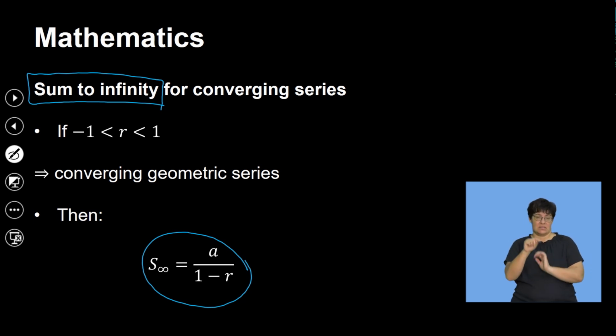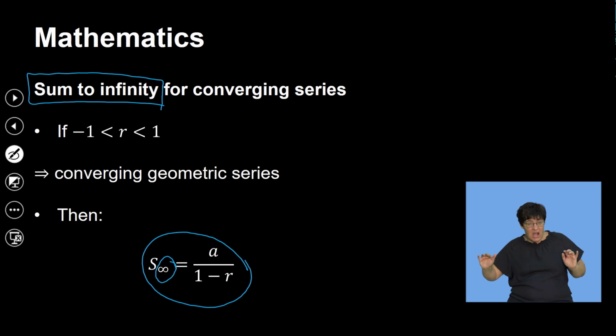One thing I want you to please note here is that when I say infinity, I'm talking about an infinite number of terms. I do not know how many terms there are, like 2, 4, 8, 16, 32, with an ellipsis at the end, meaning that it is continuing indefinitely. I don't know what the last term is or where I must cut the number of terms. Then I will use this formula.